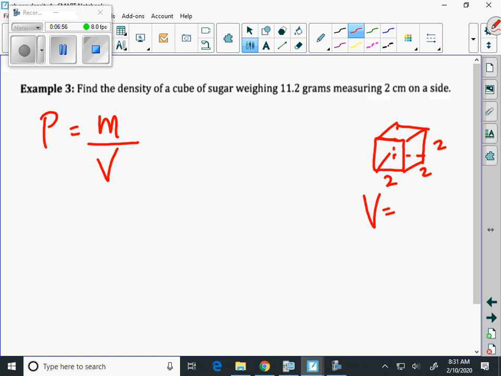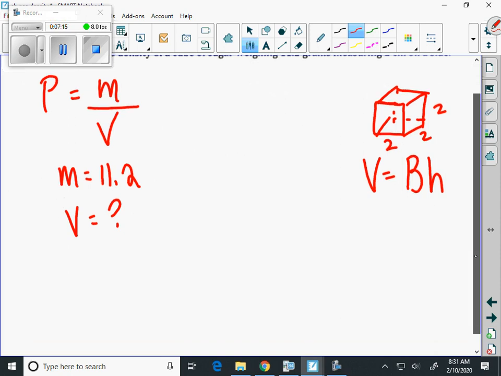And we know the mass. The mass is the 11.2. But we don't know the volume just yet. So we come over here, and you don't have your reference papers in front of you. But to find that, the area of the base is going to be 2 times 2.